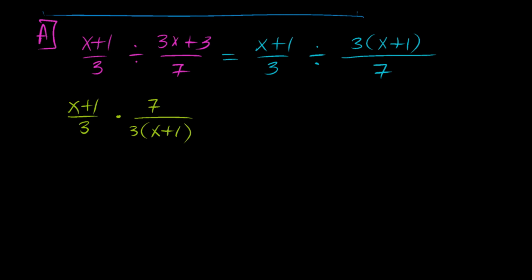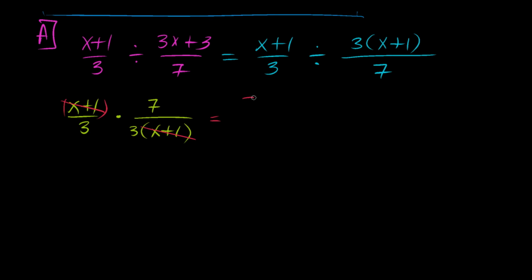Now we treat this exactly like the previous two examples. Let's check to see if we can cross-cancel or cancel vertically within the same fraction. We have an x plus 1 here and an x plus 1 there. Let's cancel those. You can't cancel the 3 and 3 because that wouldn't be cross-canceling.